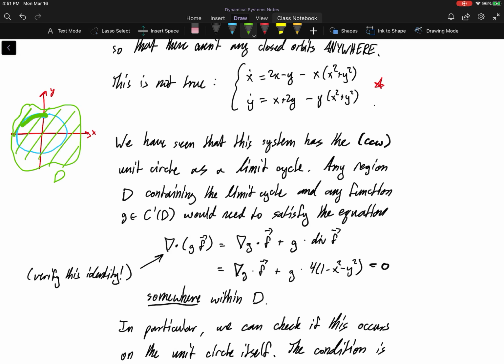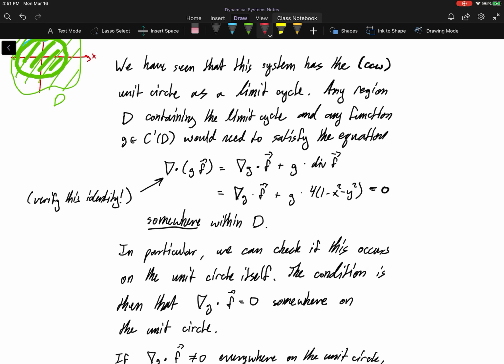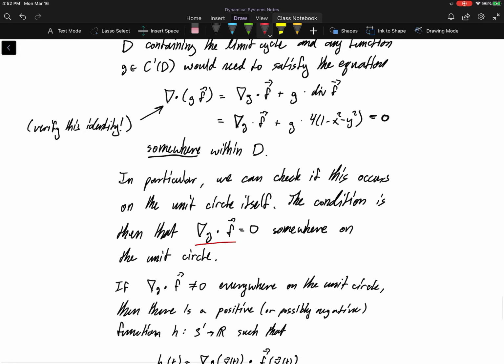If I were to restrict so that I look in a neighborhood around here, technically I'm going to have to include some stuff in here, but my point remains that I'm going to have to make sure that somewhere on the unit circle, right, this piece dies off, which only leaves this term on the right-hand side of the divergence. And that would mean that grad g dot f has to be 0 somewhere on the unit circle.